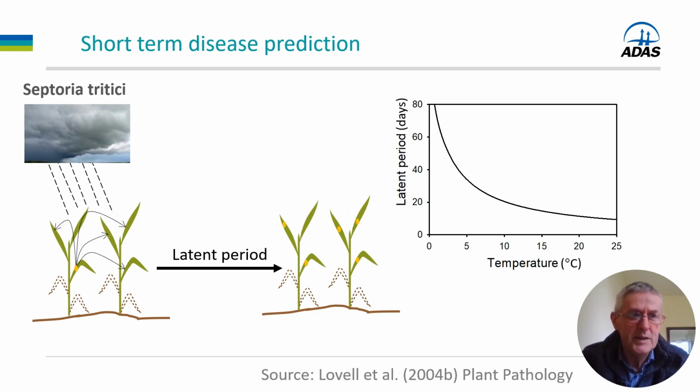Now, it would be nice to tell you that there was some neat algorithm that's been well validated for the UK to do that for you, but unfortunately there isn't yet, which is a shame.